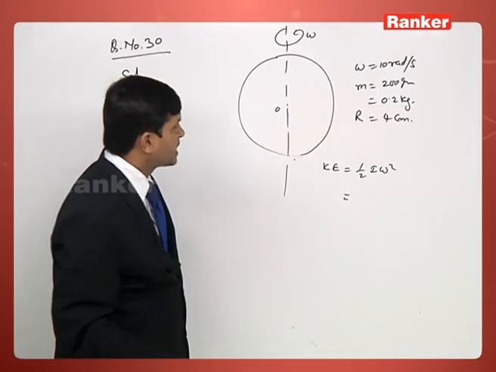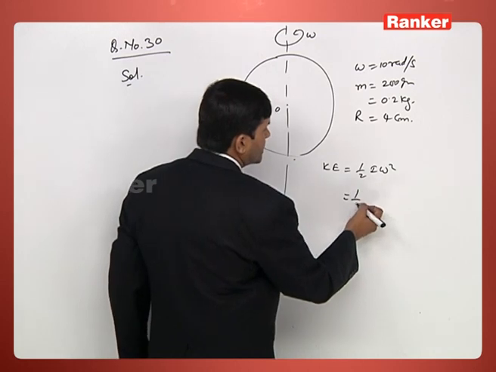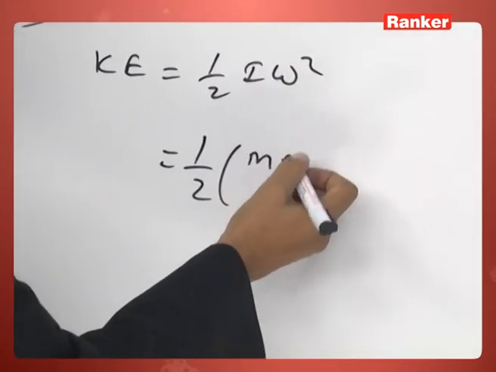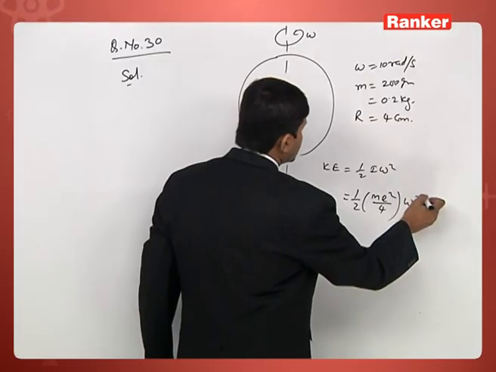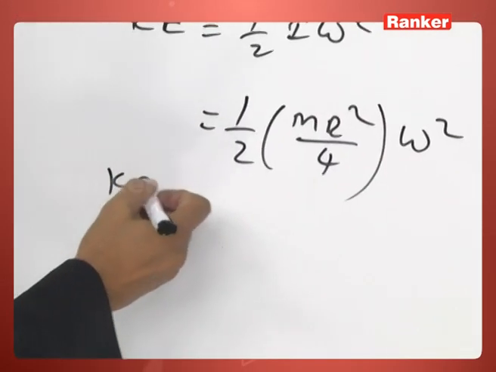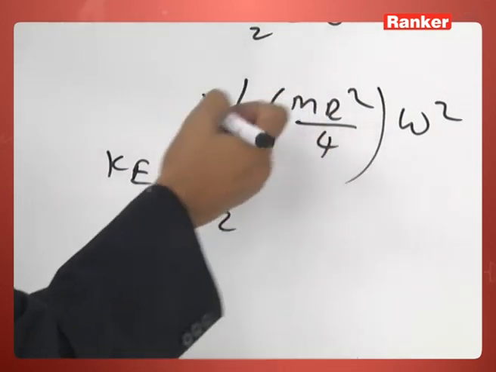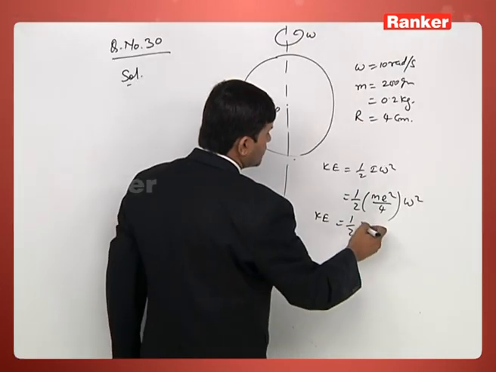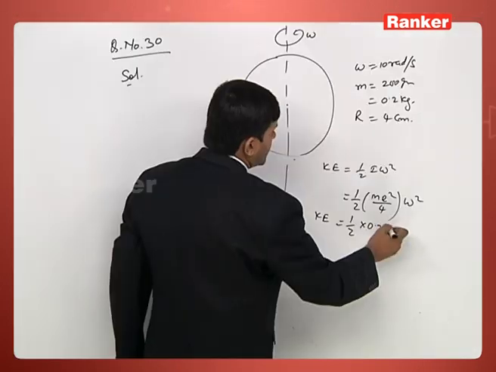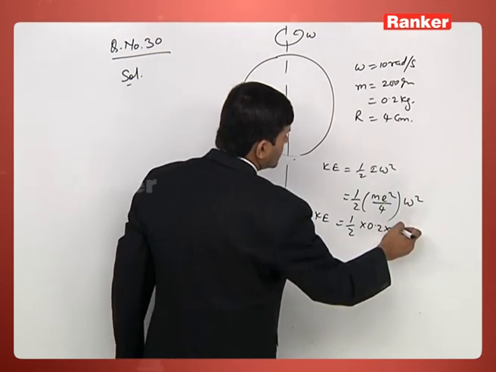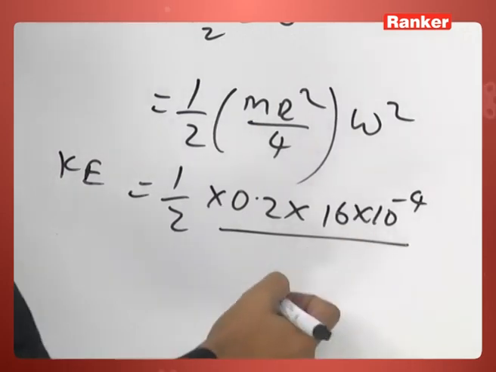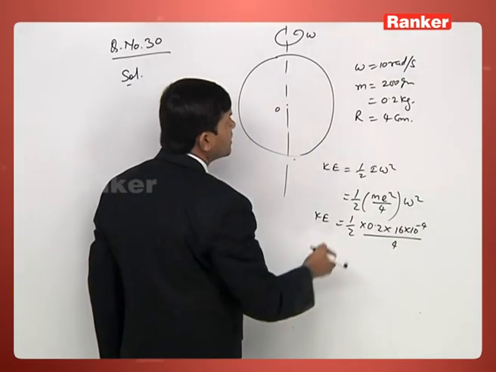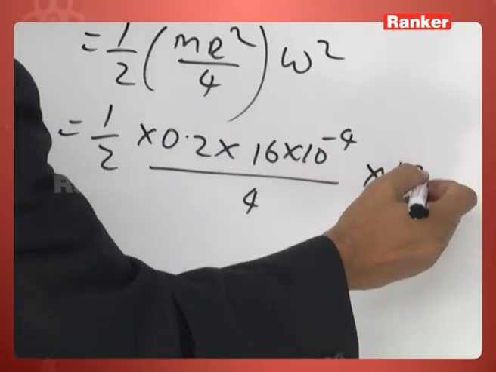Then we can apply the theorem of perpendicular axis, so about the diameter the moment of inertia is m r square by 4. The radius of the disc is given as 4 centimeter. So kinetic energy is half into m r square by 4 into omega square. Now we substitute the values: half, mass is 0.2, r square is 16 into 10 power minus 4 meter square, divided by 4, omega square is 100.